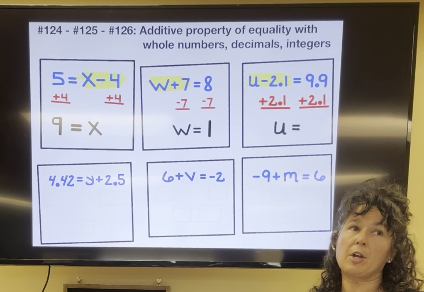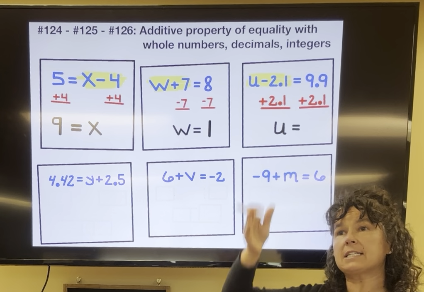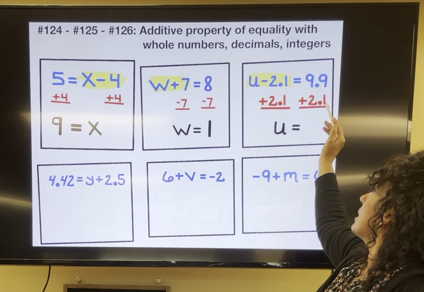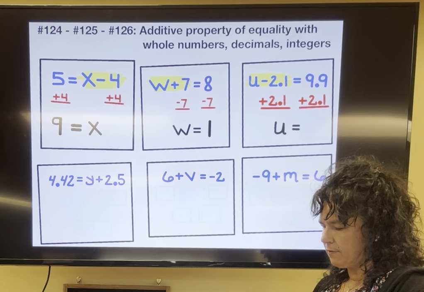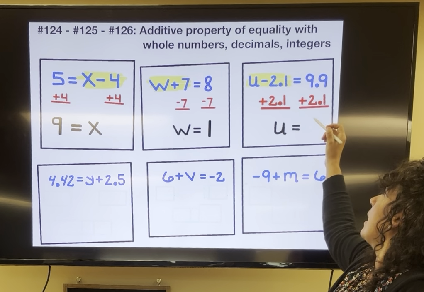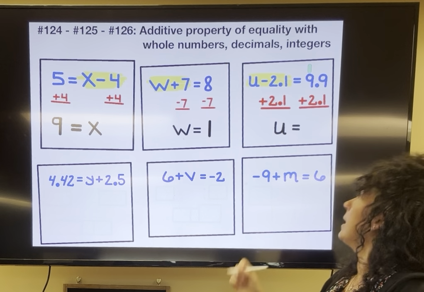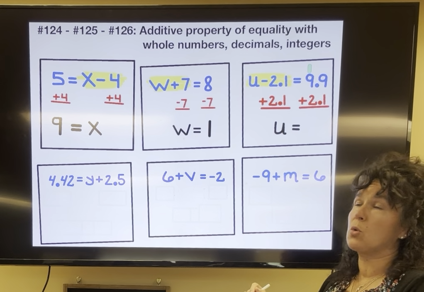Now feel free to grab your calculator and do that, but remember, when you add decimals, you need to line up the decimals, and you start on the right-hand side. 9 plus 1 is 10, so I'm going to have a 0 here, and then I'm going to carry the 1, and then 9 plus 2 is 11, plus 1 more is 12.